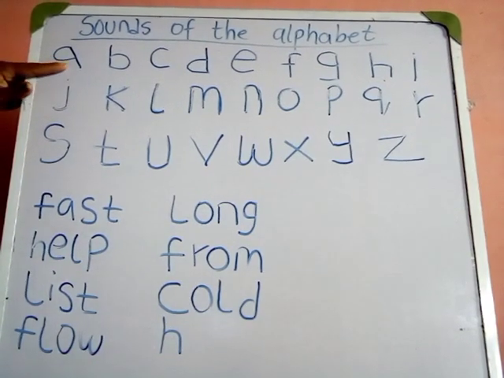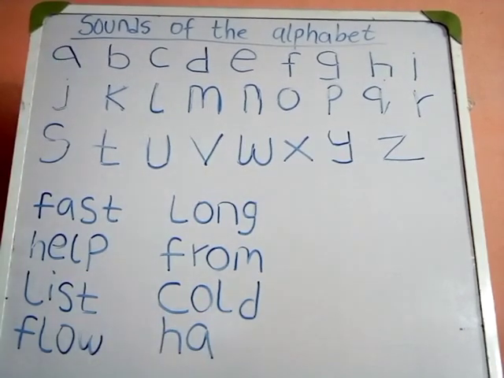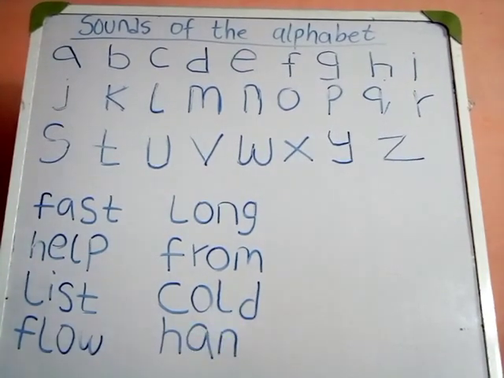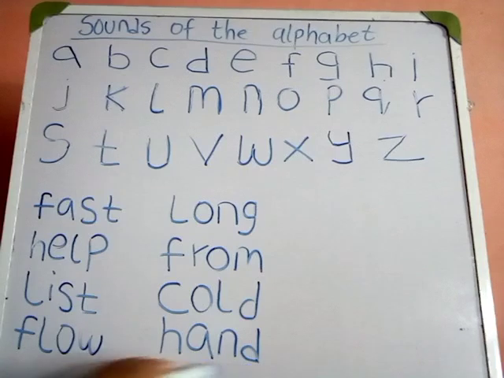So the second sound is han. The next sound we can hear is han. Then the last sound is d, hand, which is hand.